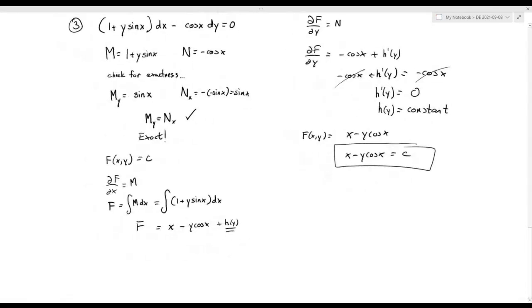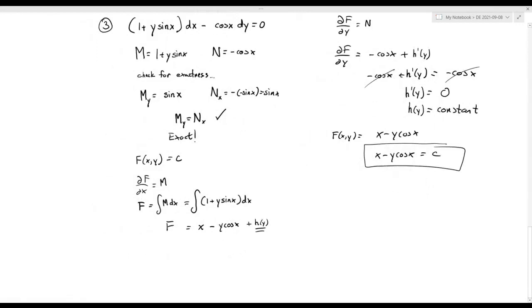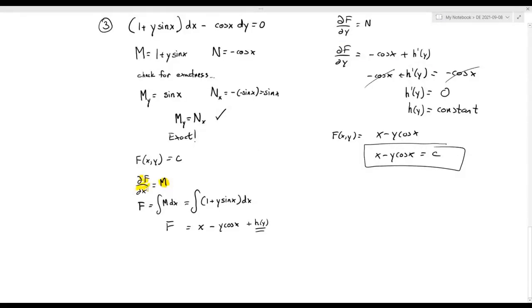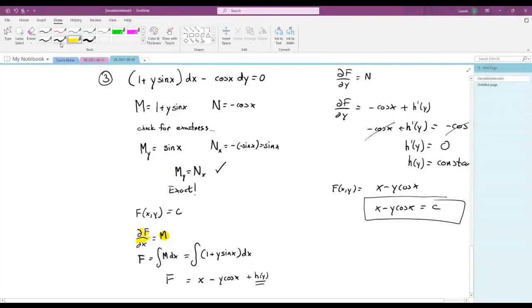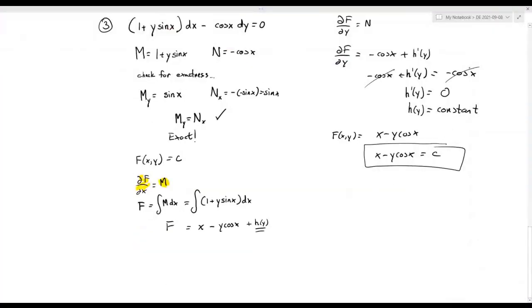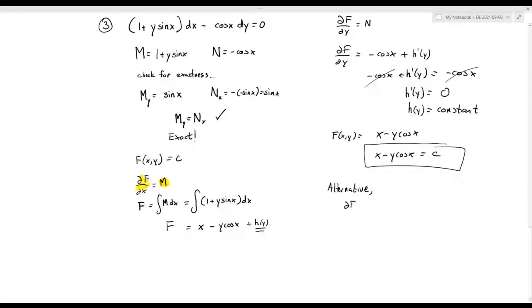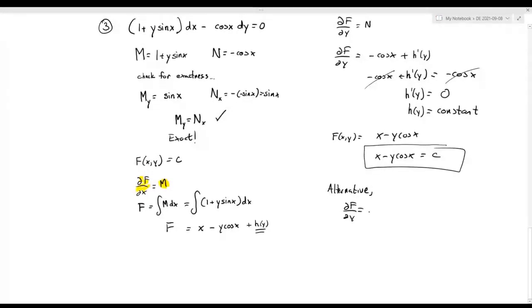Now, by the way, there is nothing stopping us from, instead of first taking M and anti-differentiating with respect to x, switching it up and using the fact that the derivative of F with respect to y is N. So this is an alternative.